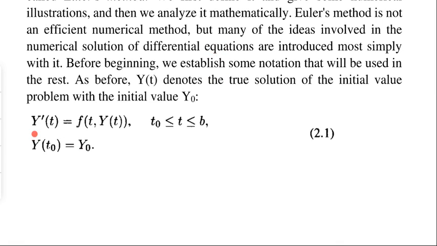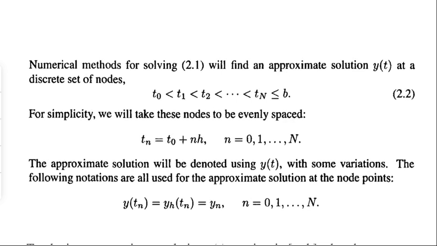Again, we want to obtain the numerical solution of this problem, y prime equals f of t and y, subject to this initial condition. Again, we will choose this discrete set of points t1 to tn between t0 and b, the domain of our problem.